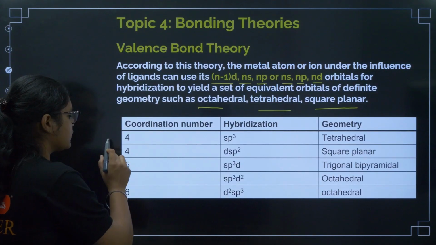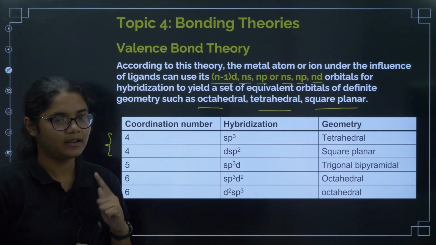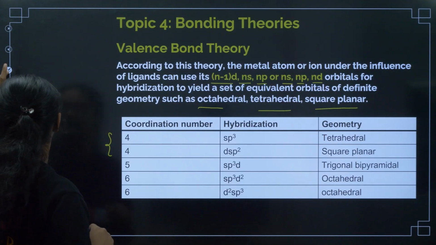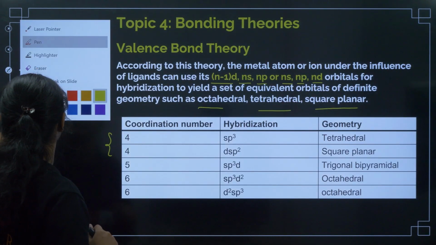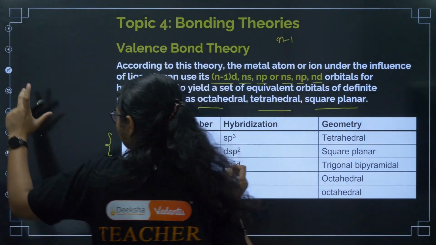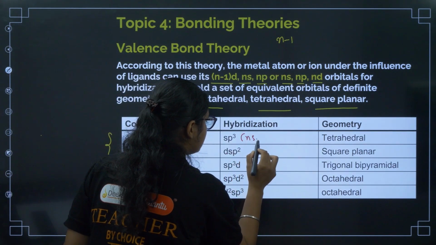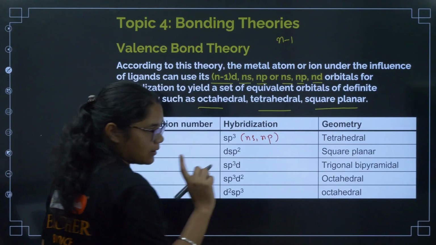You must remember, if the coordination number is 4, we have two types of hybridization, that is sp3 and dsp2. So you can see here there are two types of combination. See, for sp3 we need ns and np orbitals to combine.